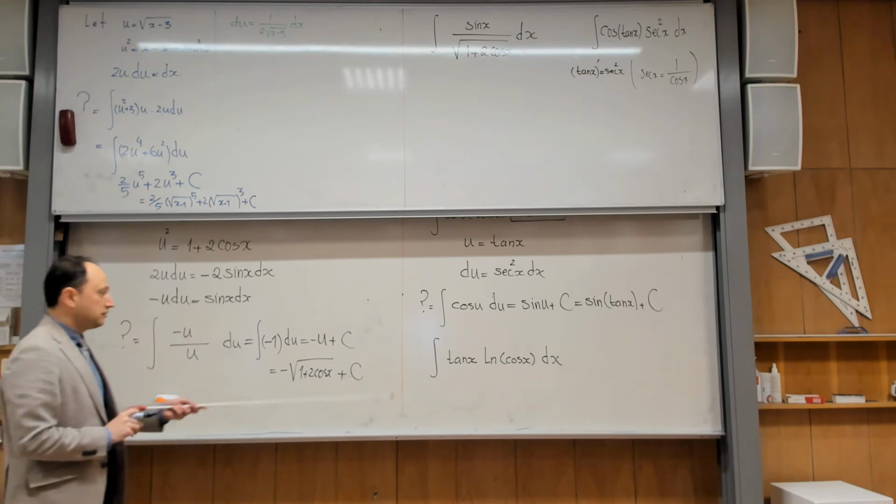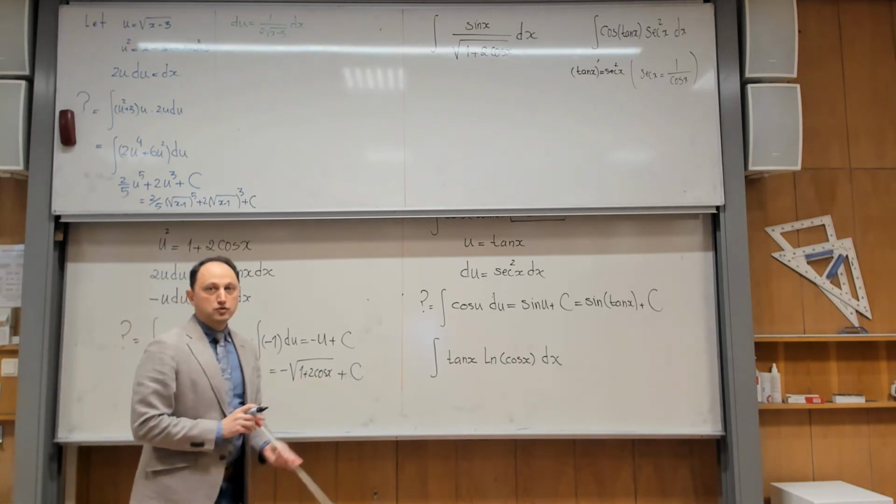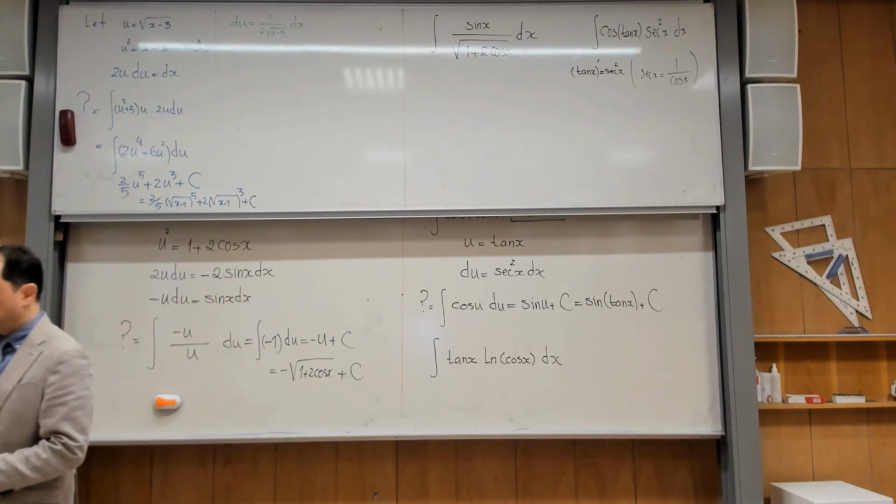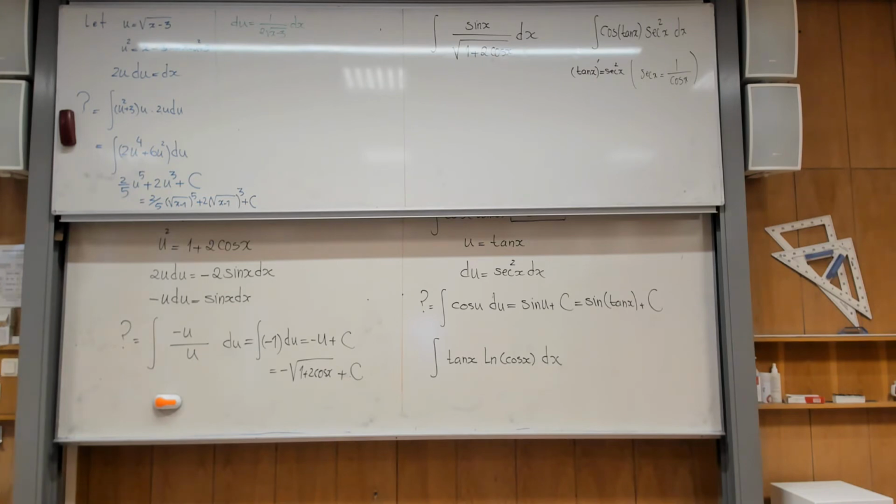So tangent of x multiplied by ln of cosine of x. I want to wait for you, okay? I think in this case catching the pattern is not that easy. It's easy, but not as easy as before. Okay, any ideas?